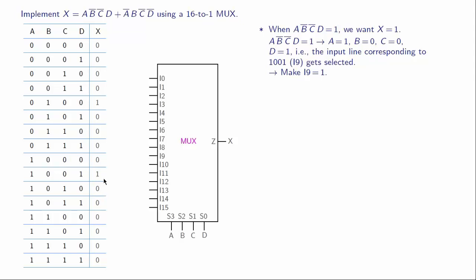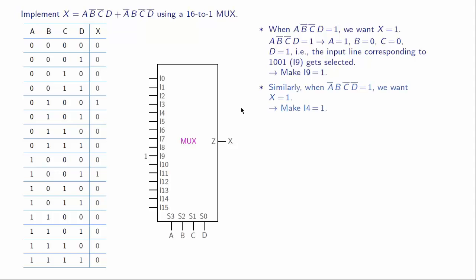So when we have 1 0 0 1 here, what happens in this multiplexer? 1 0 0 1 is decimal 9, so therefore this I9 gets connected to the output, and we want that to be equal to 1. So therefore what we can do is to connect 1 over here to this I9 pin.